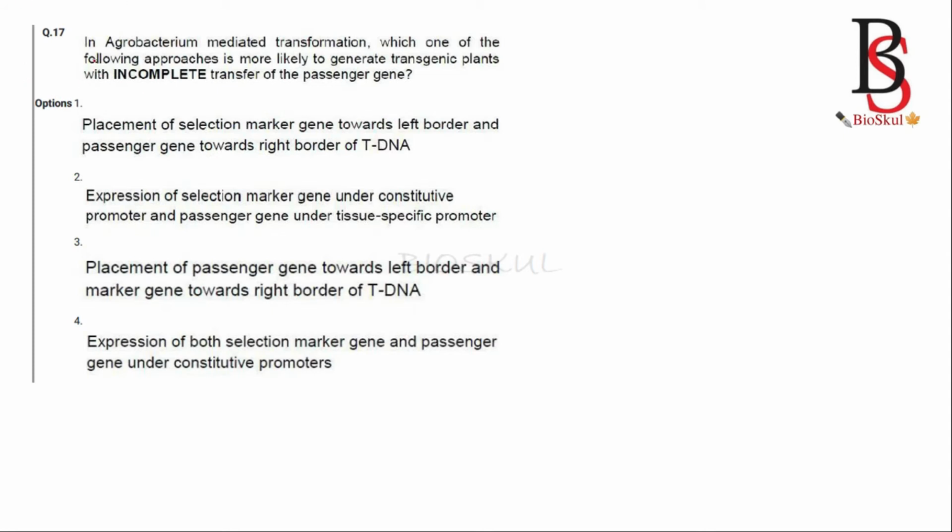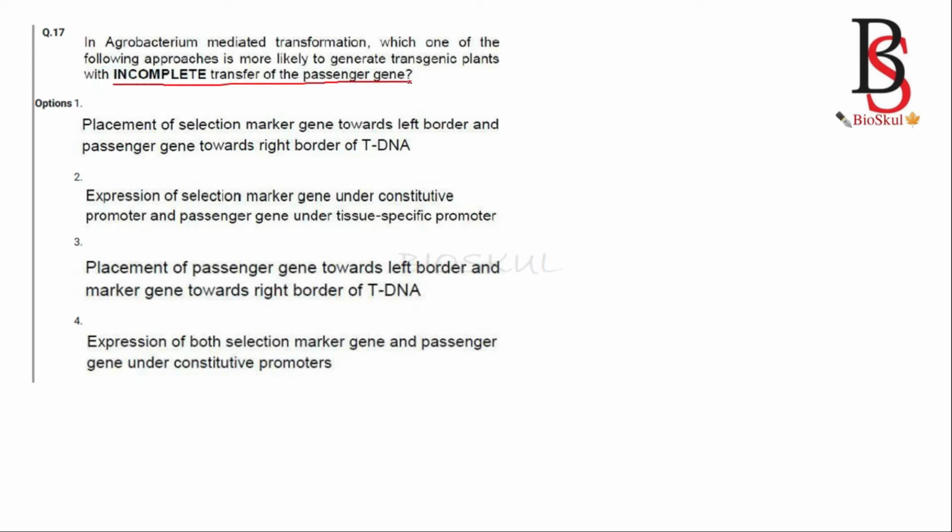Next question. In agrobacterium mediated transformation, which one of the following approaches is more likely to generate transgenic plant with incomplete transfer of passenger gene? It is asking about the incomplete transfer of the passenger gene.